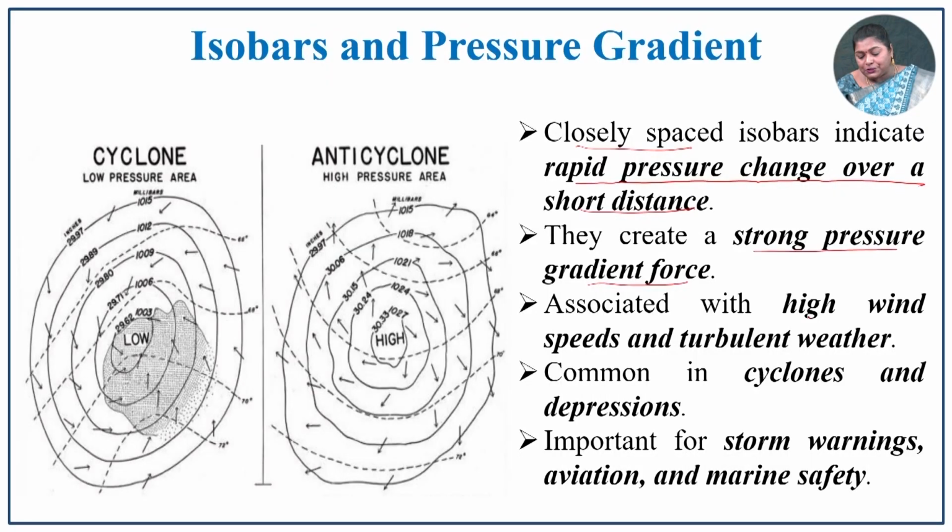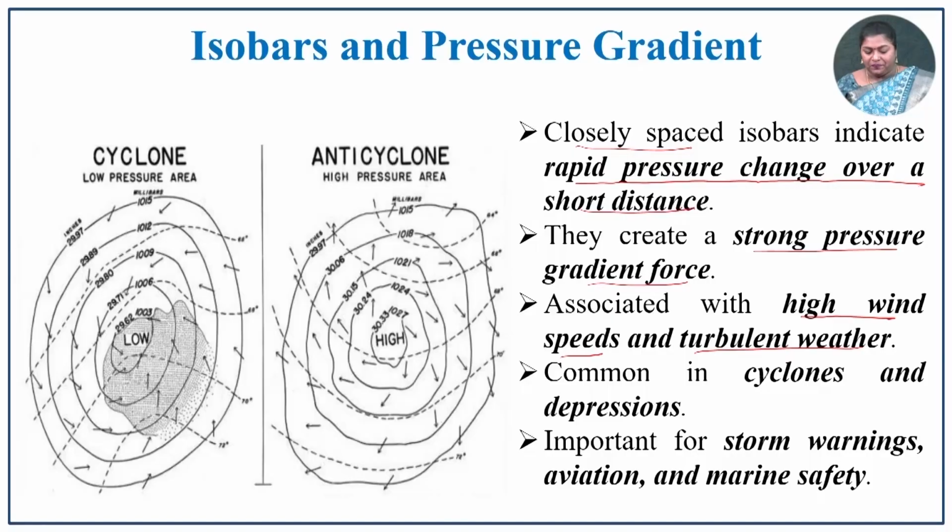It is also associated with high wind speed and turbulent weather. Because of this excessive force, there is high wind speed and turbulence in that region. It is common in cyclones and depressions. We all know that a cyclone or depression is not a normal state. There will be a disturbance in the air pressure.